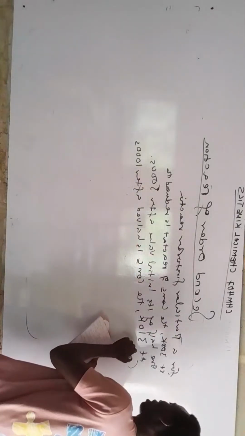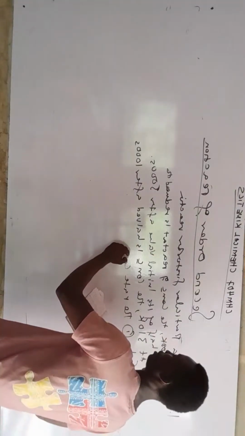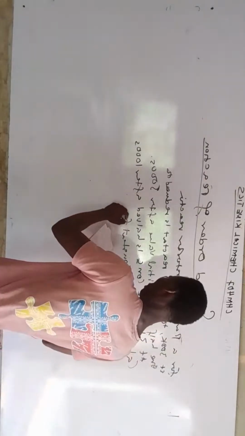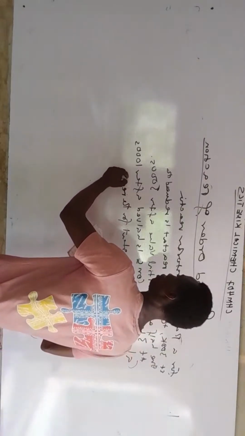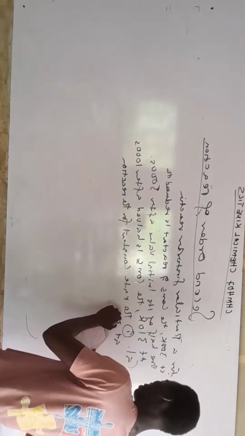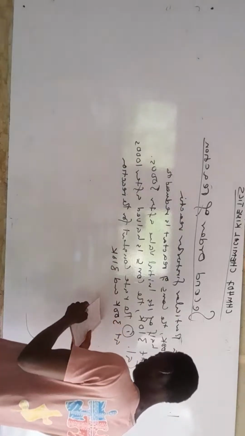So the question now says calculate the rate constant for the reaction at 300K and 310K.